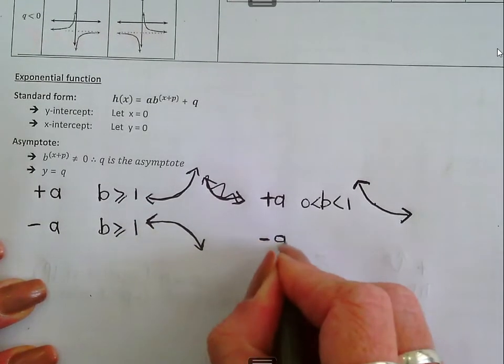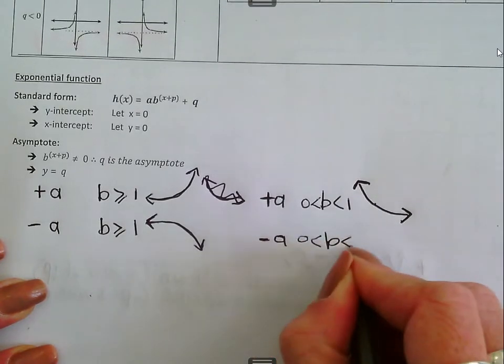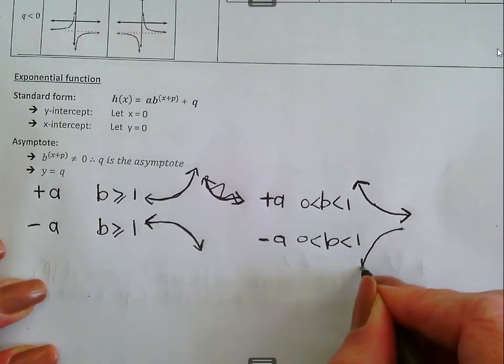Here, when A is negative and B is greater than 0 but smaller than 1, it's the reflection.